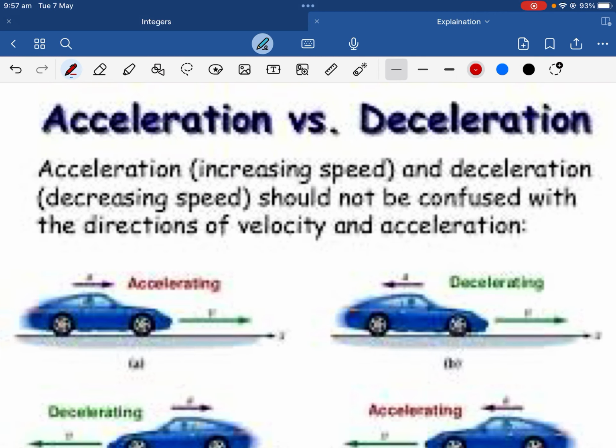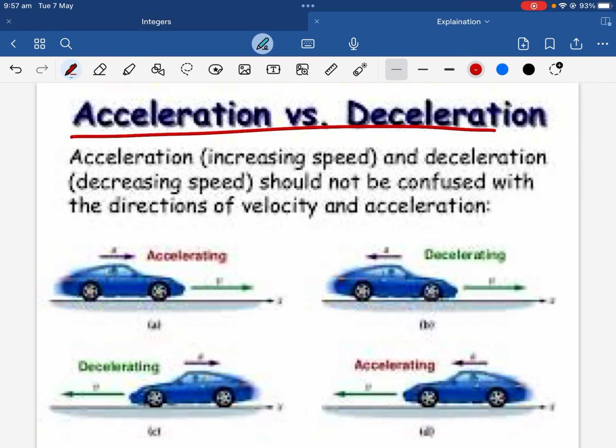Okay, let's understand this with the help of an image. Acceleration versus deceleration. We have accelerating and we have here decelerating.